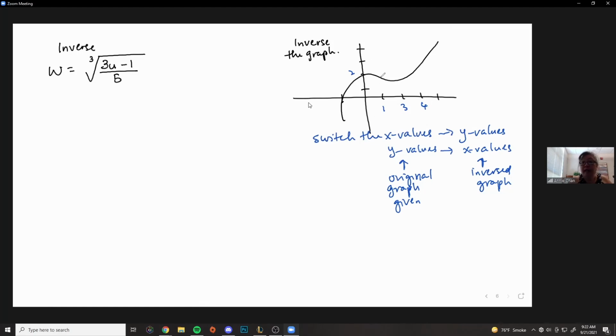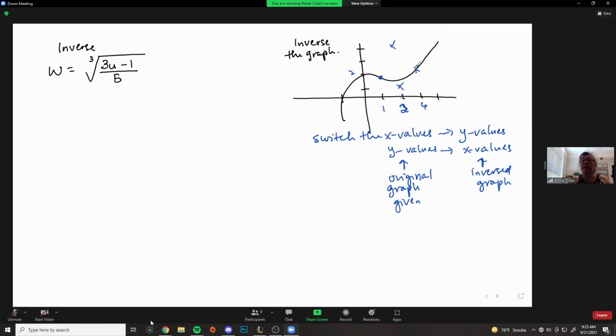So if it is 1, 2, this point here is going to be 2, 1. So this point is going to come here. 4, 2 is going to be 2, 4.